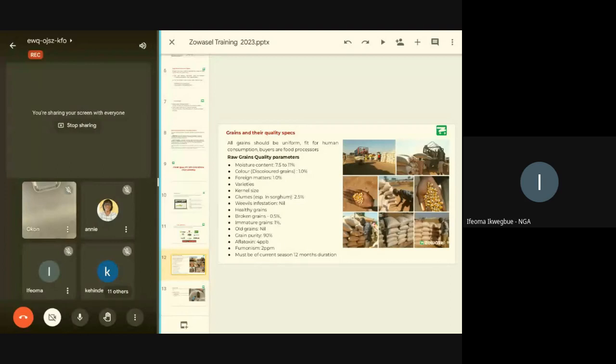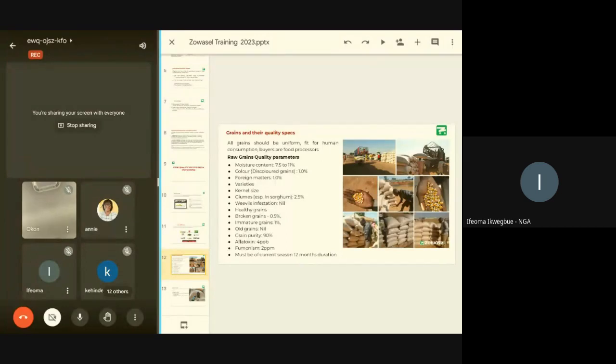So moisture content is very important. In order to ascertain it, there's a need to use a moisture meter to get the right moisture content required by the specific buyers we supply grains to.